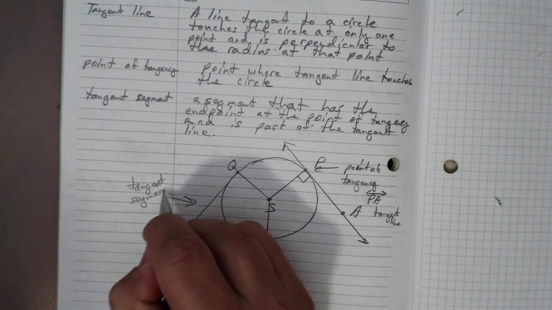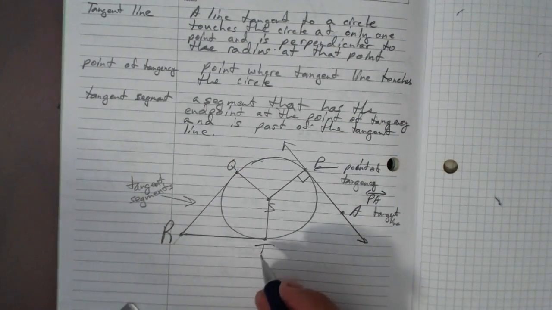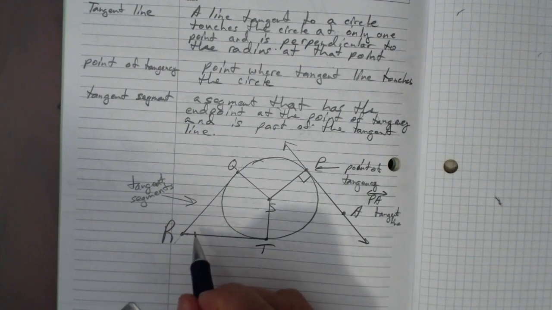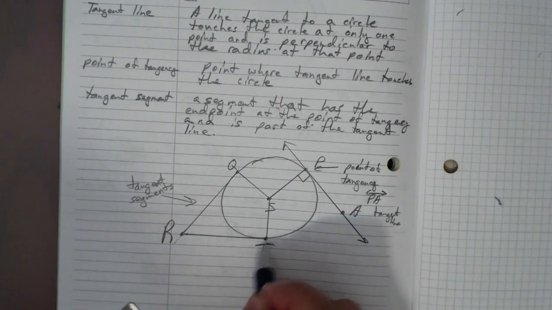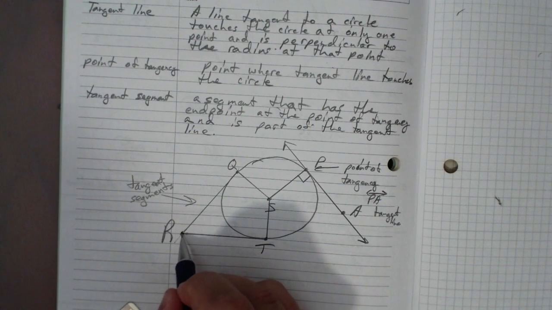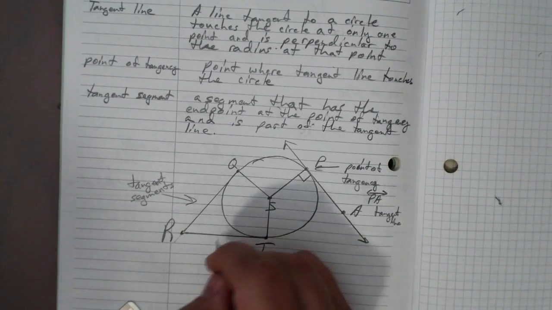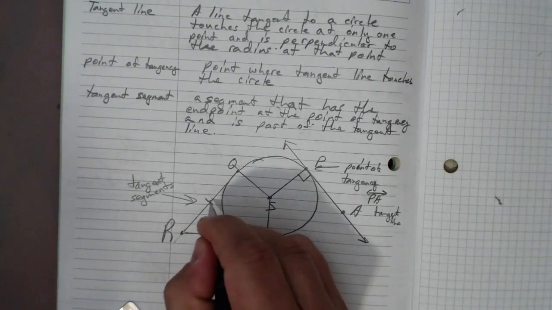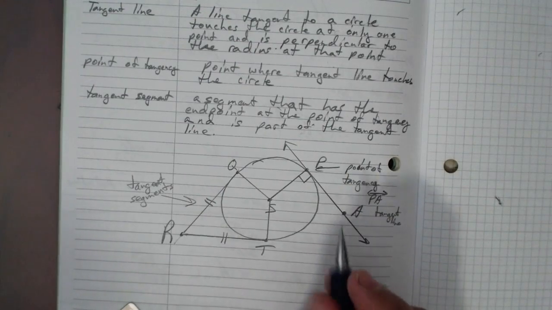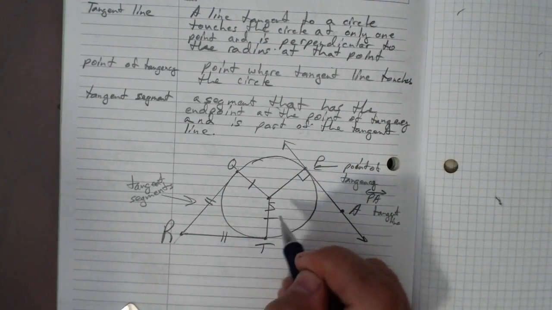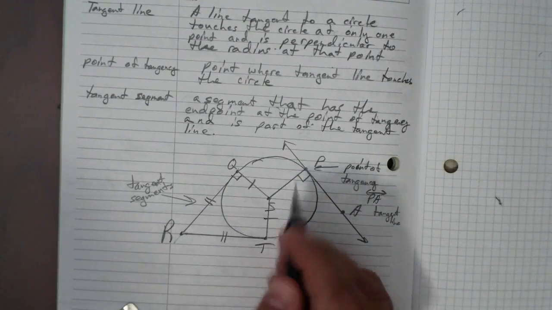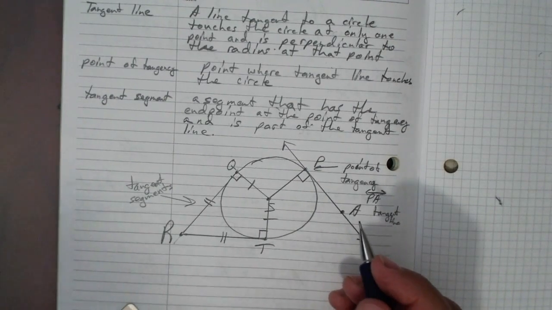And the reason tangent segments are usually paired together is because when you have two tangent segments that share the same point outside the circle, they have equal distance to that point, so they're congruent segments. Now, this shape makes a kite, as you can see, with 90-degree angles at those points.